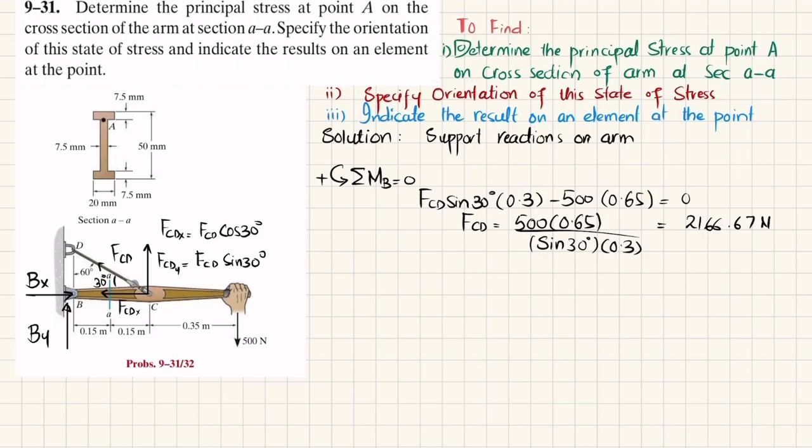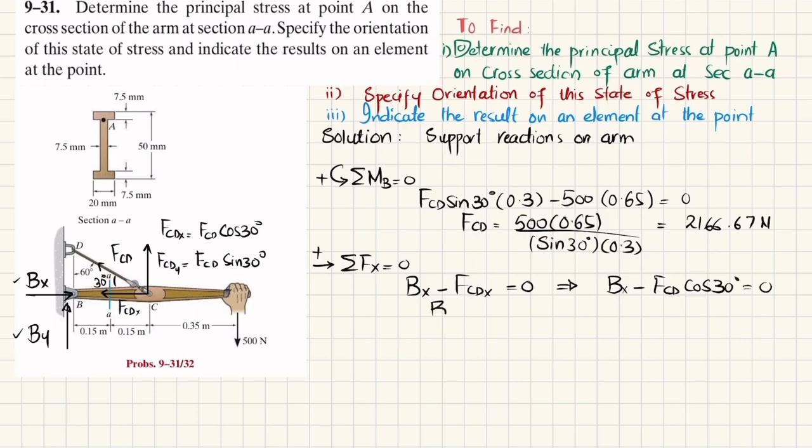Now we'll find Bx and By using the equations of equilibrium. The sum of all forces along the x direction must be equal to 0, with force in this direction taken as positive. Bx acts in the positive direction, and the other horizontal force is FCDx. So Bx minus FCD cos of 30 degrees is equal to 0.